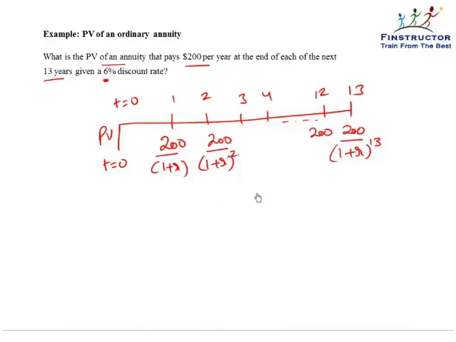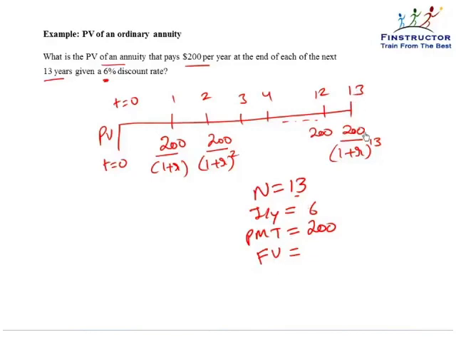So we'll enter N as 13 in our TVM sheet, I by Y as 6. Payments every period, at the end of each of these 13 periods, are given to be 200. What is the future value in this question, guys? What am I getting at the end of t equal to 13? That is the meaning of future value.